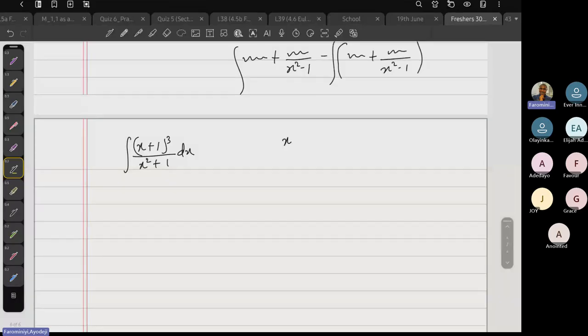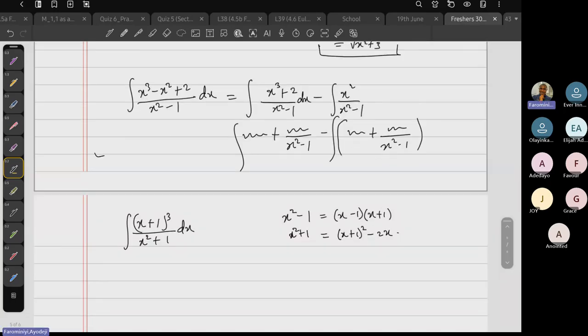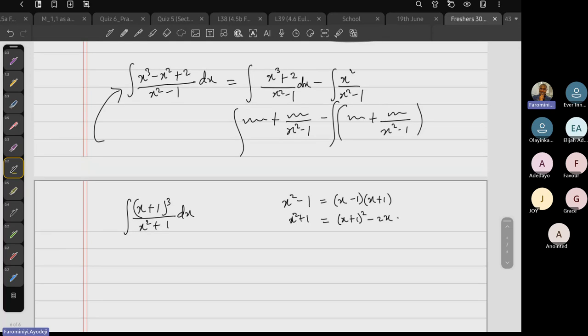So x squared minus 1 is a difference of two squares. That is the one that will give us x minus 1, x plus 1. But x squared plus 1 is not a difference of two squares. So that method might not work. But this method is closely related to what Eva just said here.